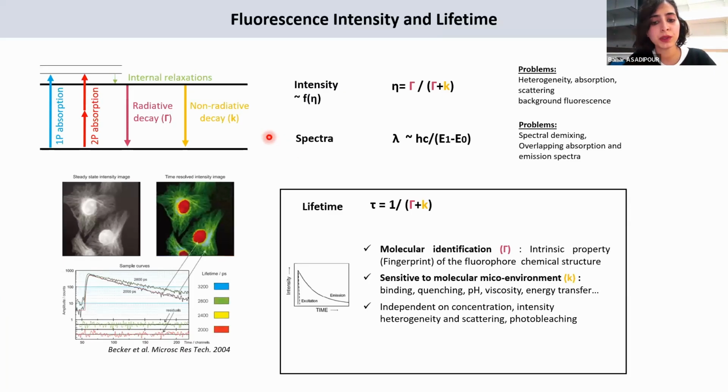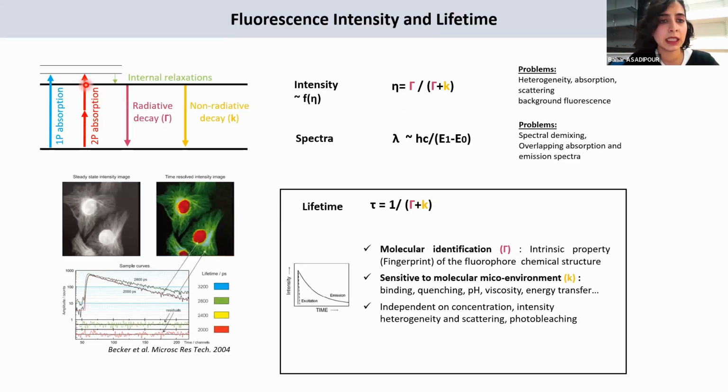Although it's very much used in all research domains, there are problems with it, such as absorption, scattering, heterogeneity, and also overlapping of absorption and emission spectra that can make the identification of different fluorophores difficult for us.